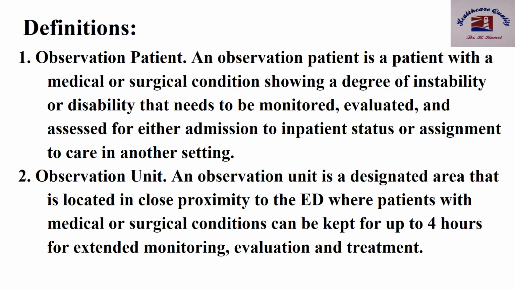Observation unit. An observation unit is a designated area located in close proximity to the ED where patients with medical or surgical conditions can be kept for up to 4 hours for extended monitoring, evaluation, and treatment.